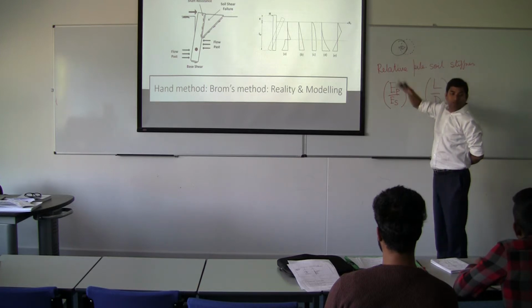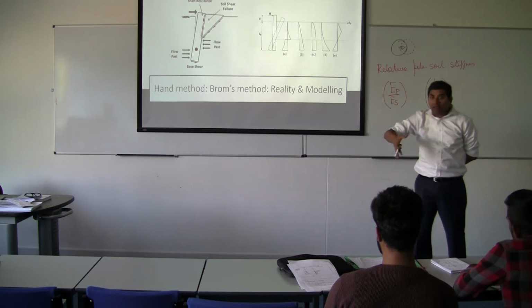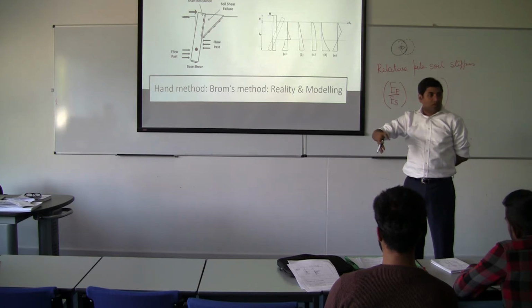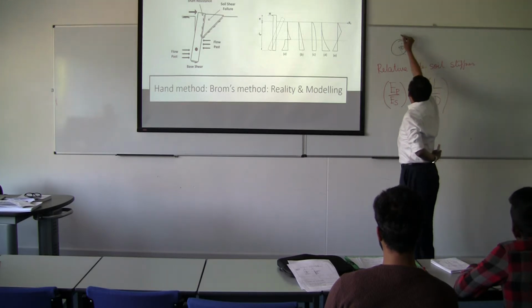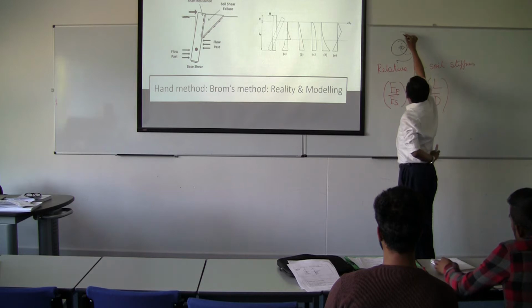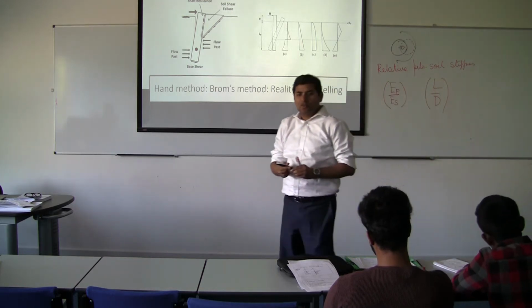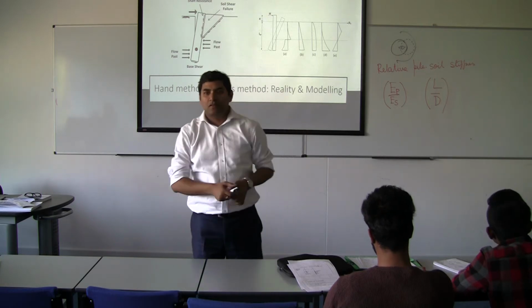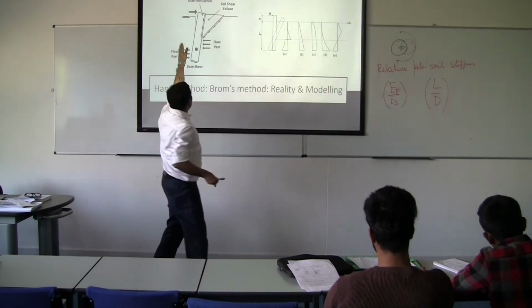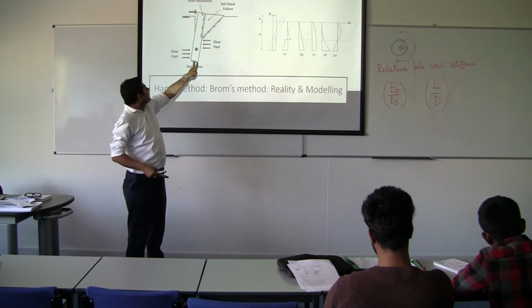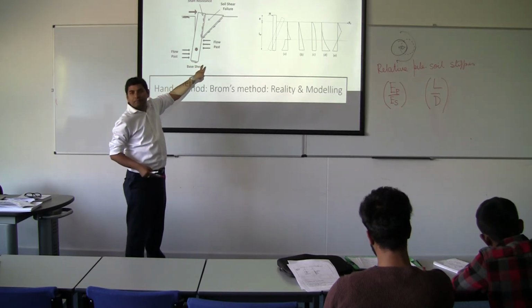The soil has to move, has to give way for it to move. So the soil will start to flow around it. Okay, it's like fluid mechanics, isn't it? So you have a flow around it. So these mechanisms govern, right? And at the base there is some shear as well.